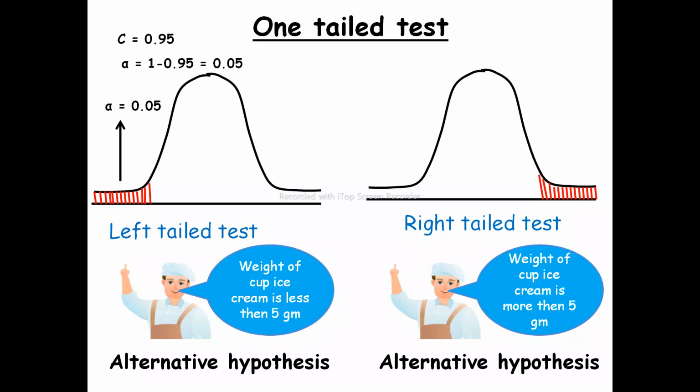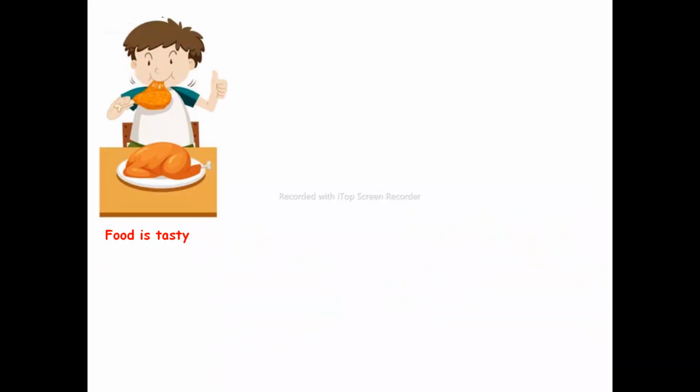Very simple. Next, we'll have one more example to differentiate between one and two-tailed tests. Suppose the boy thinks that the food is tasty, and when the food is tasty, he will eat more than what he eats on a regular basis. This is an example of a right-tailed test because he is eating more. The hypothesis is he will eat more than the normal amount.